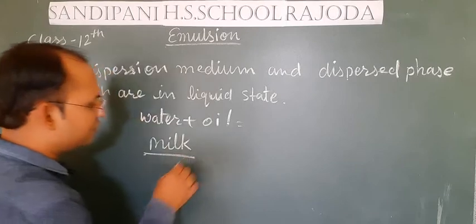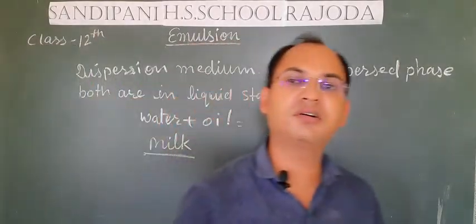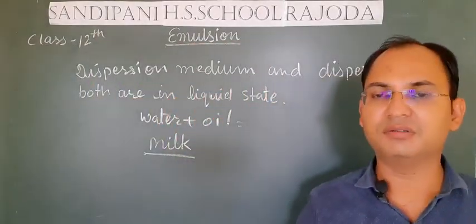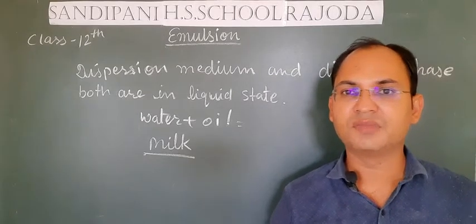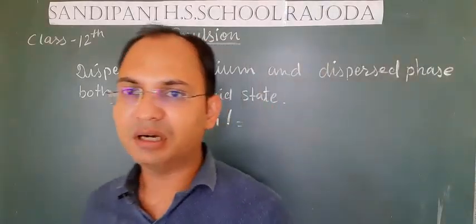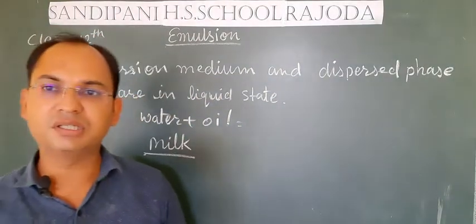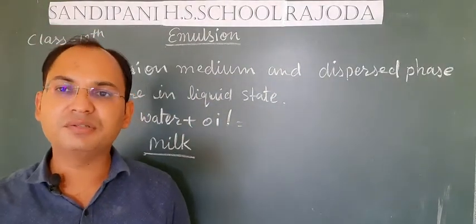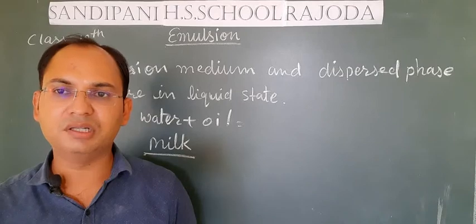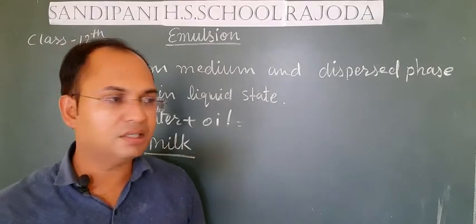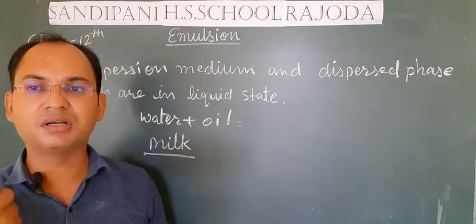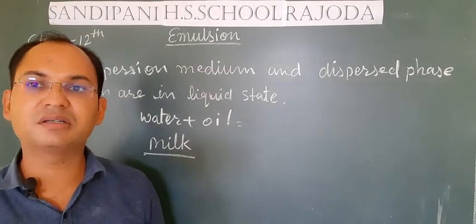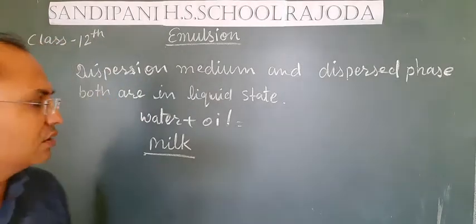In milk students, tiny droplets of the oil are dissolved in such a way that they form the emulsion. Whenever we heat the milk, then we see cream deposited on the surface of the milk. That deposition is due to the coagulation of the oil particles, fat particles present in the milk.